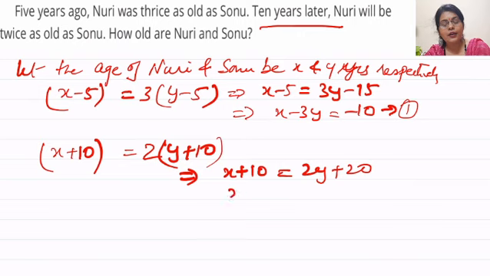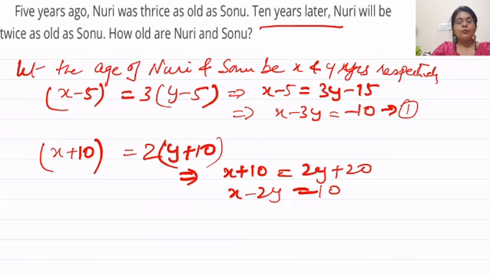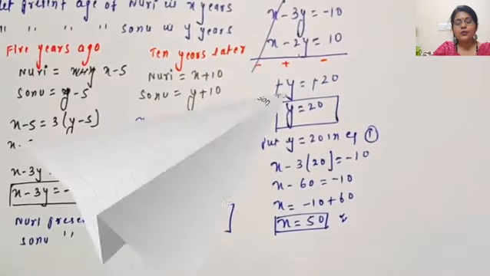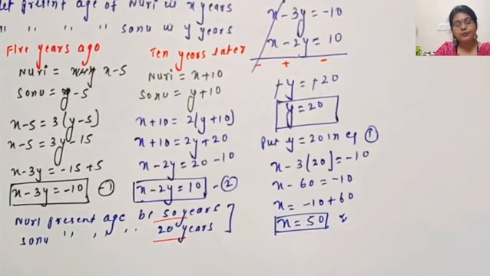What do we get? X minus 2y is equal to 10. Now we will solve these two equations, and the solution is given to you in this way. Now this is our standard solution.